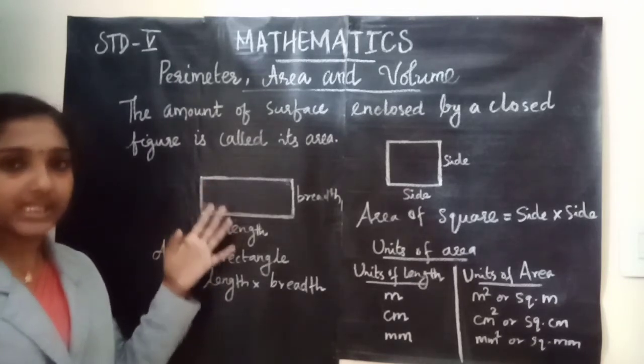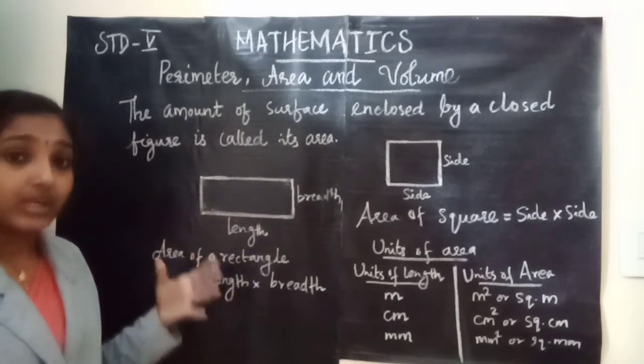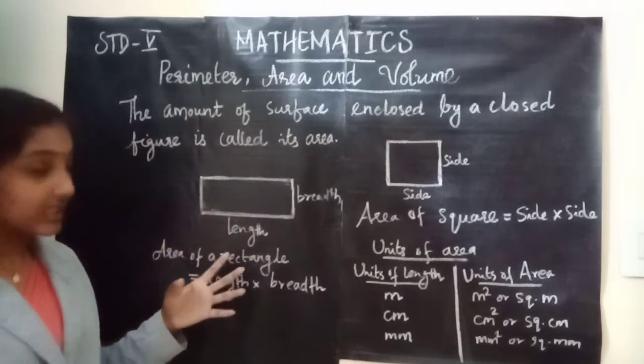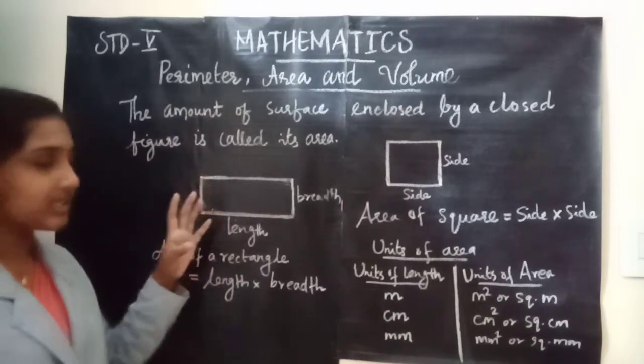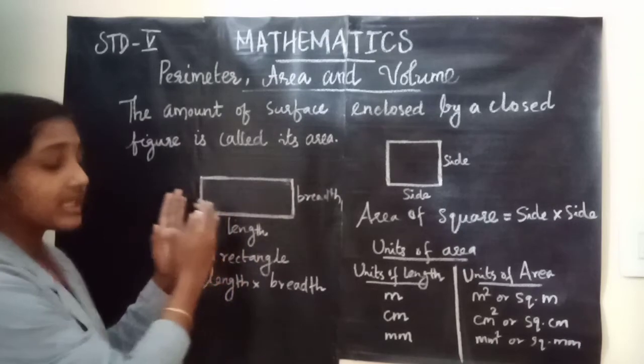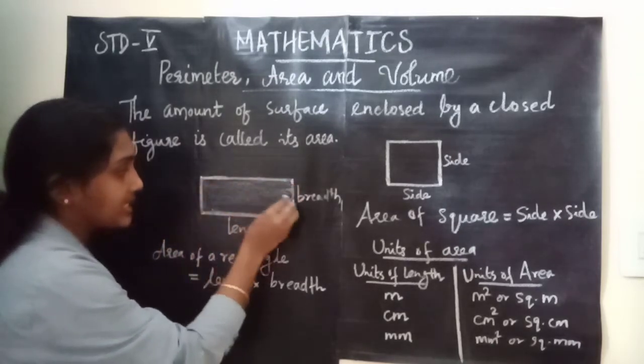So here you can see a rectangle where the length and breadth are given, and the area of this rectangle is the amount of space enclosed by this rectangle. That means the space inside this rectangle.